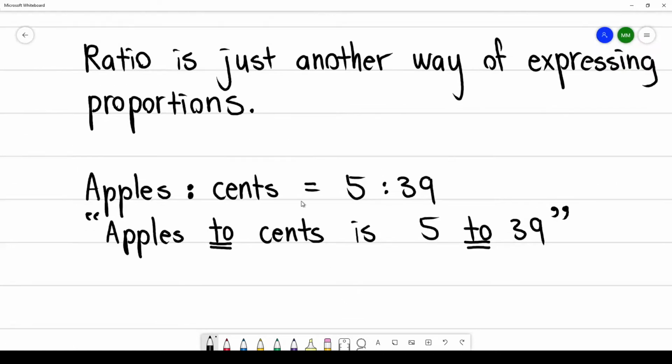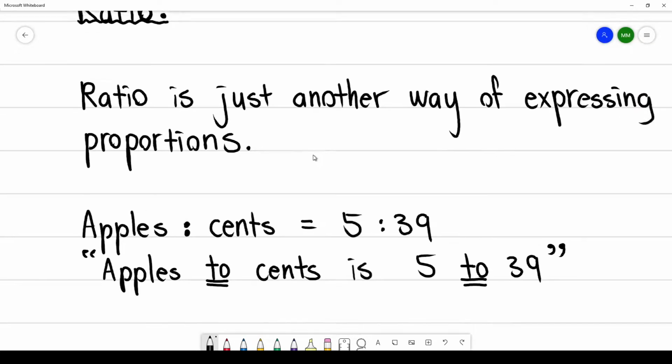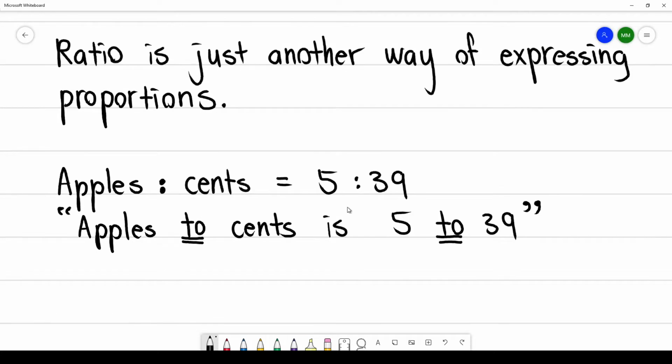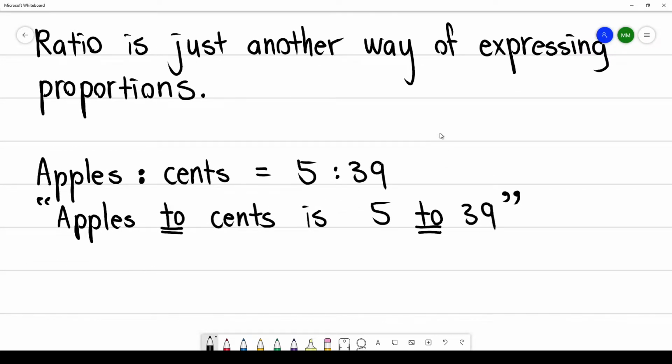You don't see ratios as often because when you write it as 5 over 39, you can just manipulate this as a fraction, but when you see a ratio, you have to first change it into a fraction, and then you start manipulating it.